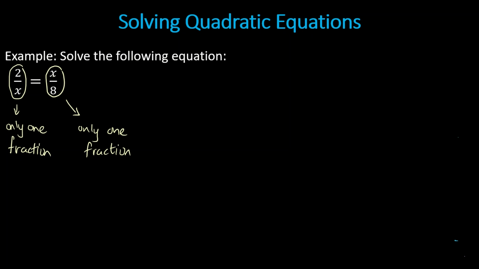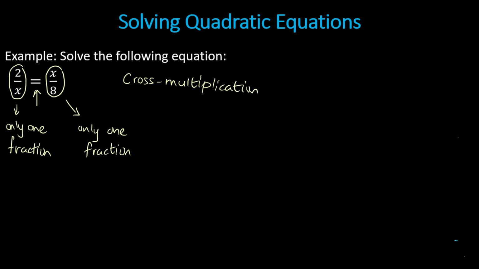And in the middle of these two fractions, we have equal to. Whenever you have a situation like this, where you have one fraction on the left, one fraction on the right, and in the middle you have equal to, then it is better to use what we call cross multiplication.